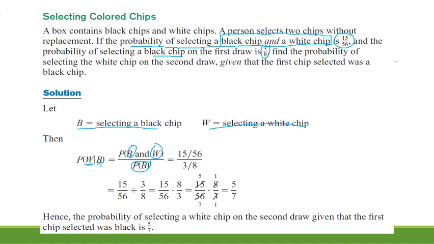So we have 15 over 56, which is given in the problem. Okay? And also the probability of getting a black chip is also given in the problem. So 3/8. So we have now 5 over 7. So the probability of selecting a white chip on the second draw, given that the first chip selected was black, is 5 over 7.